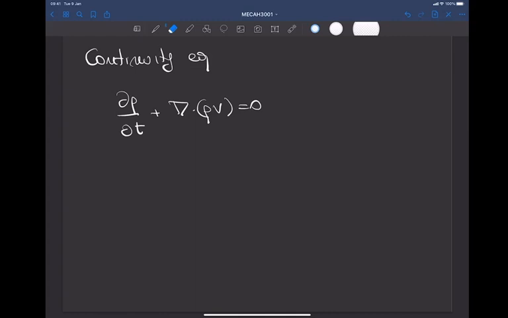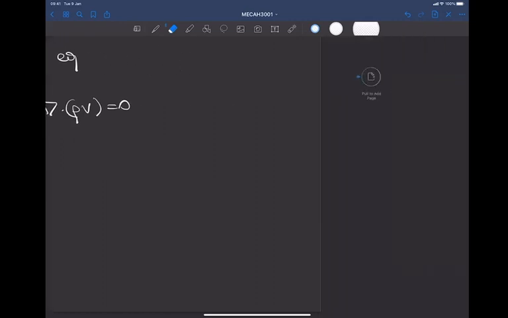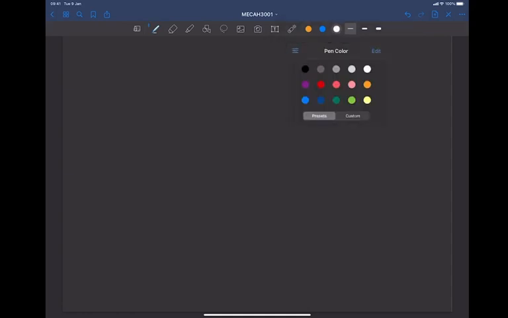Okay. Now you probably felt already that there is a strong connection between the Reynolds transport theorem and the material derivative.